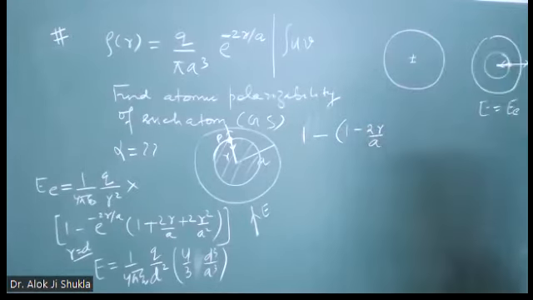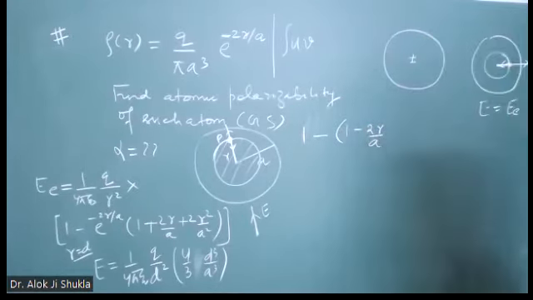What did we get before from the primitive model? 3 epsilon naught a cube. No, 3 epsilon came in b.